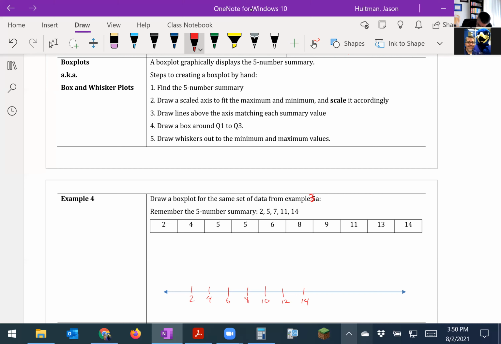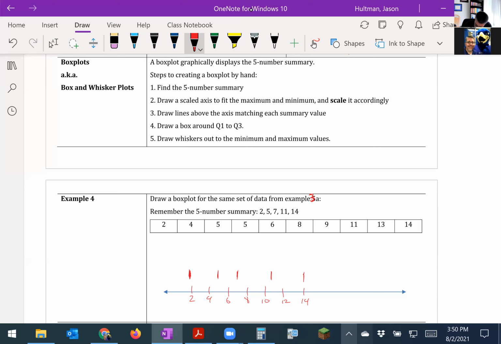So here's what it means. It means draw a line. I'm assuming a vertical line above each of these. Okay. 2, 5. Where would 5 be? It would be here. And then 7 would be here. And then 11 would be here. And then 14 would be here. Okay. I'm going to draw those lines.